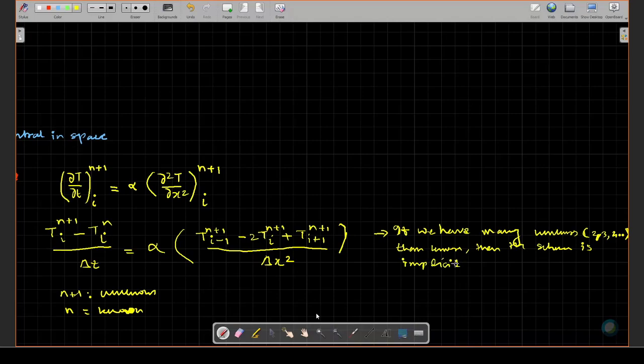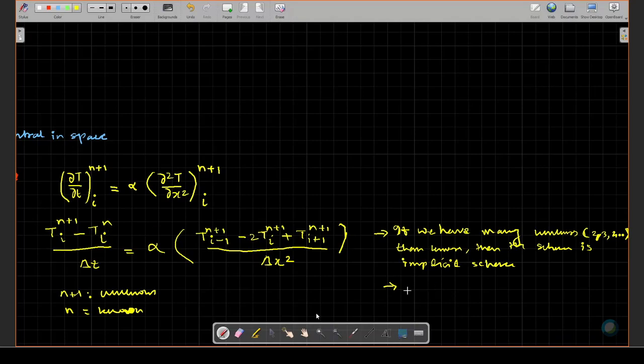Implicit means it is not known before, it's like after the effect. It's not specified beforehand. Explicit is like beforehand it is specified. So what does it mean? It means that we cannot calculate the value at n plus 1 just by specifying the nth level value.